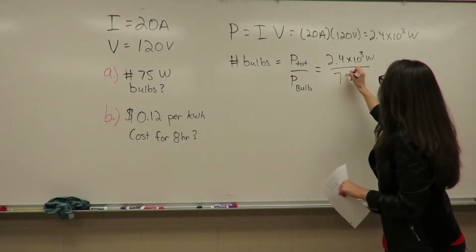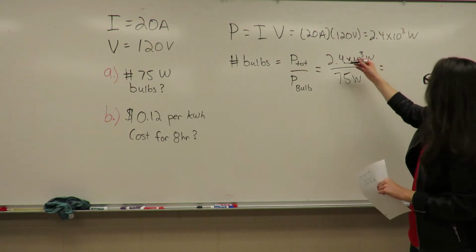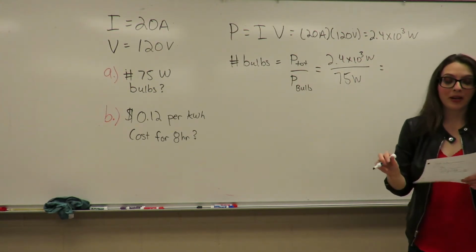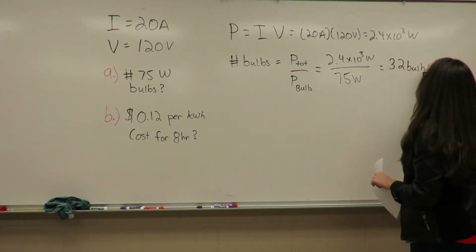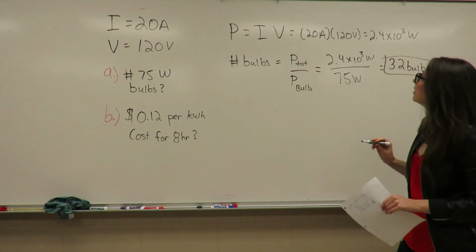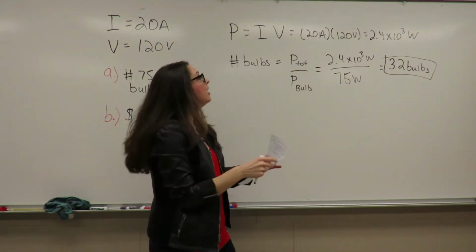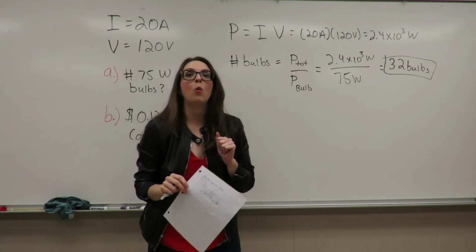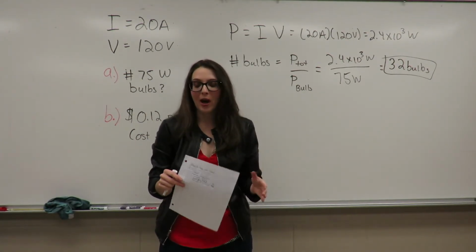Each bulb consumes 75 watts of power, and so if we take 2,400 divided by 75, we can light up 32 bulbs with a 2,400 watt power supplied to us if each bulb requires a wattage of 75 watts.